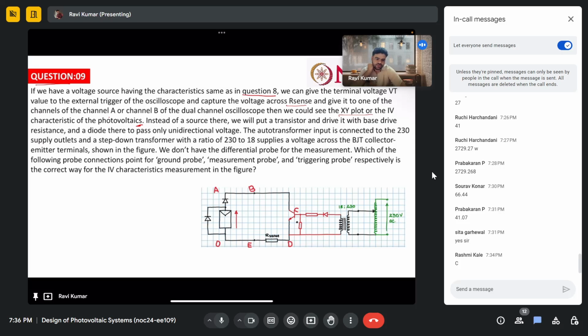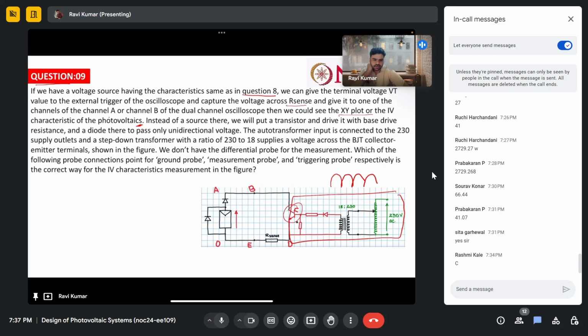See, it is just saying one thing. Using this circuit, we are creating these types of signals. One thing is here, and the other thing is that using these points A, B, D, E, let's say this is D, we are trying to get the IV characteristics on an oscilloscope, because here this voltage is changing, like we can change in the simulations.